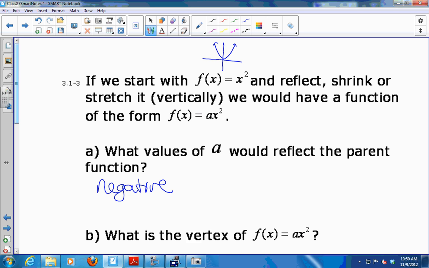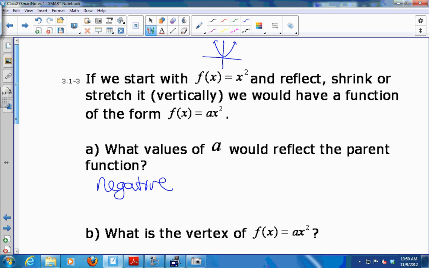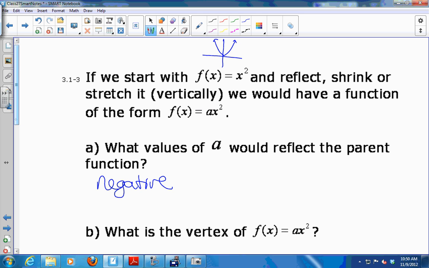And to get a compression, a would have to be like a half or anything smaller than 1, yeah. So what is my vertex of ax squared? If I multiply all the y values in x squared by some number a, what happens to the vertex? That point right there. What? It'll move where?